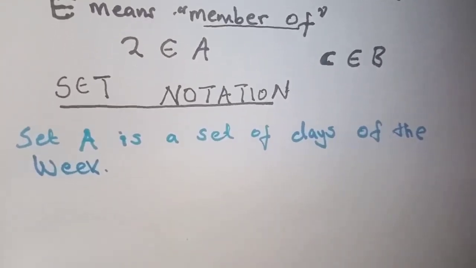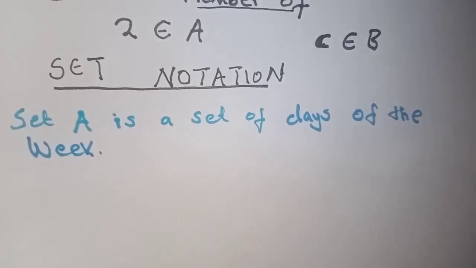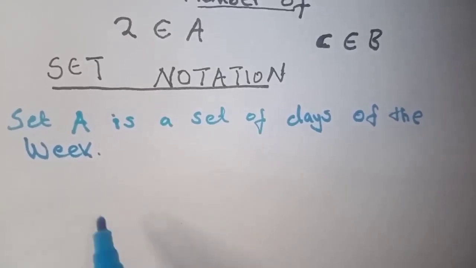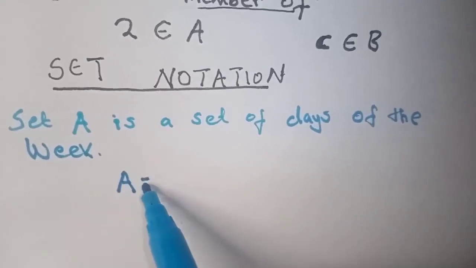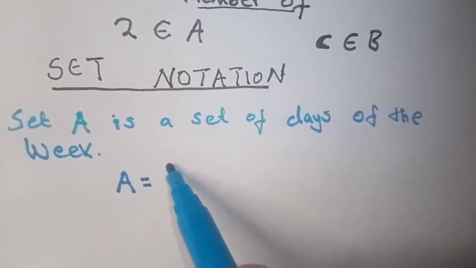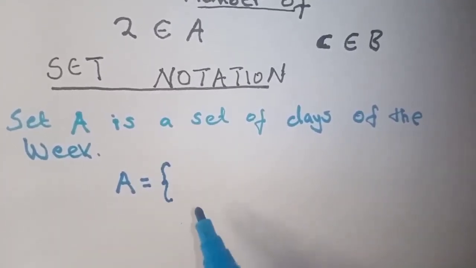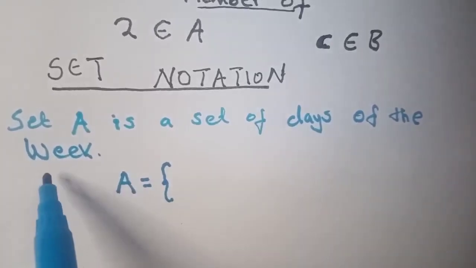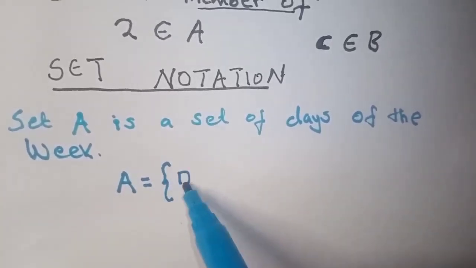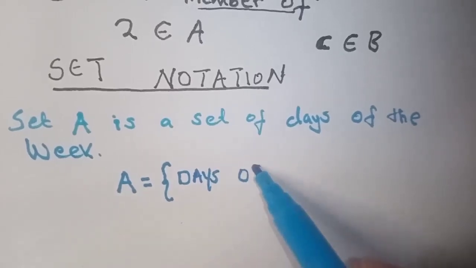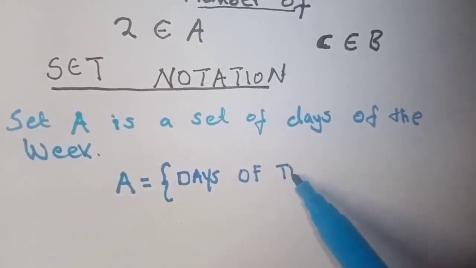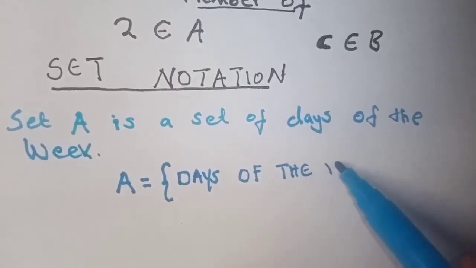You are going to write like this: set A, we use the brackets like I said, and here I'm going to put days of the week.